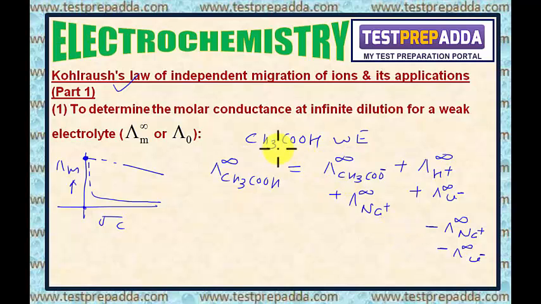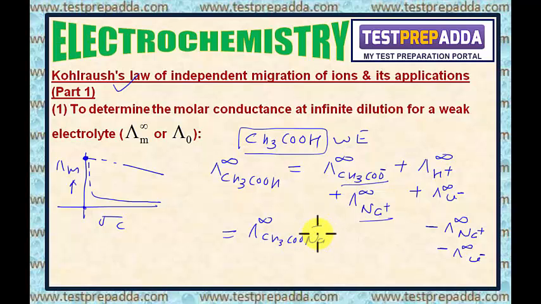Now, as we said, for weak electrolyte it cannot be found directly. Now, if I combine CH3COO minus and Na plus, it is a salt, and salt is considered to be a strong electrolyte. If I combine H plus and Cl minus, it will become HCl, which is again a strong electrolyte. If I combine Na plus and Cl minus, it will become NaCl, again a strong electrolyte. So the molar conductance at infinite dilution of HCl, a strong electrolyte, can be found directly from the graph.